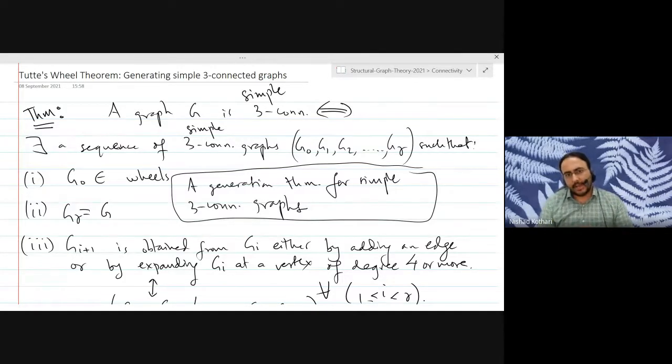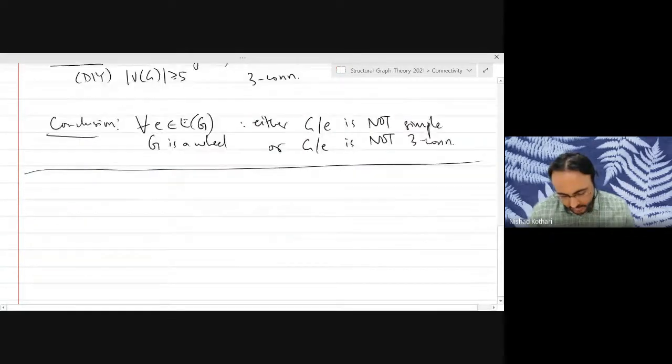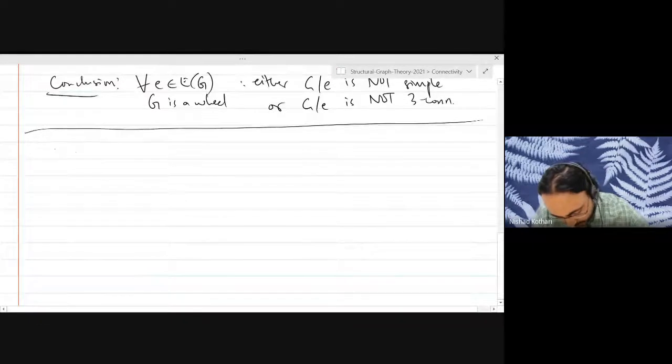We need to show that for every simple three-connected graph, which is not a wheel, there exists an edge e that can either be deleted or contracted to get a smaller simple three-connected graph. Okay, so that is called Tutte's wheel theorem.